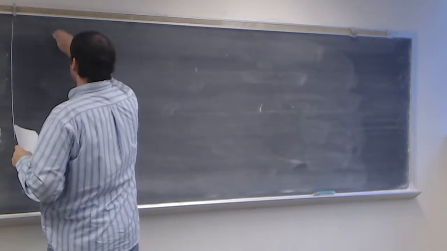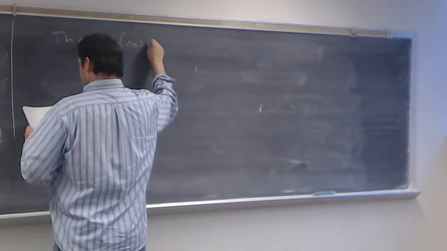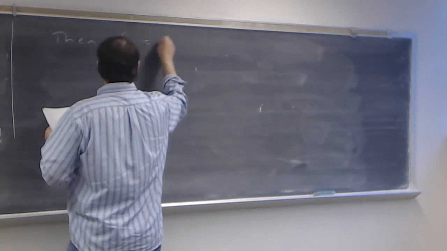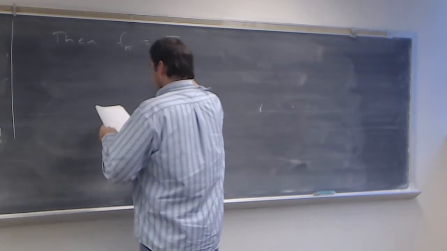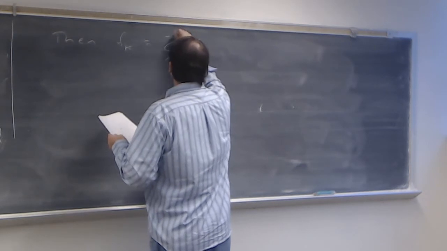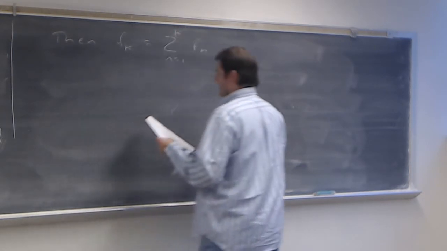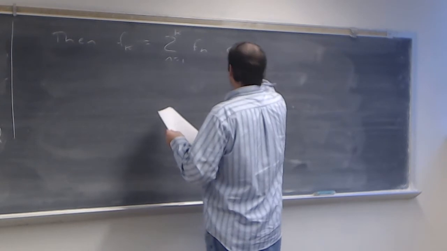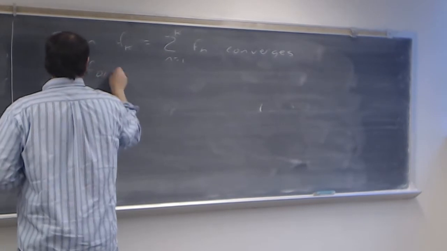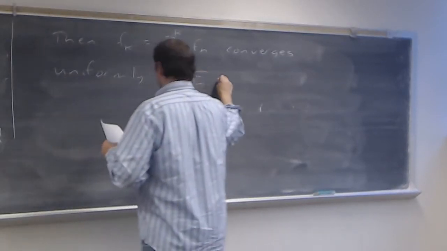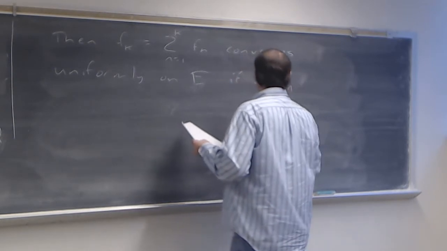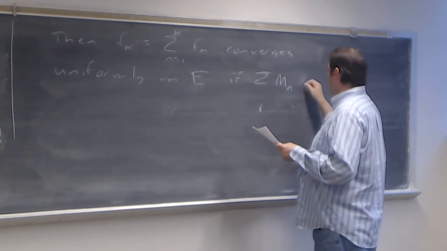To conclude this statement, then f sub k, equal to the sum as n runs from 1 to k of f sub n, converges uniformly on E if the sum of the m sub n's converges.